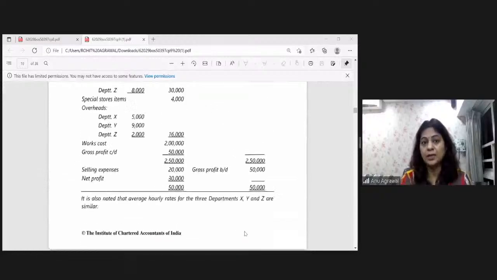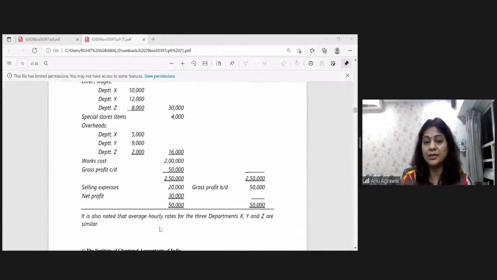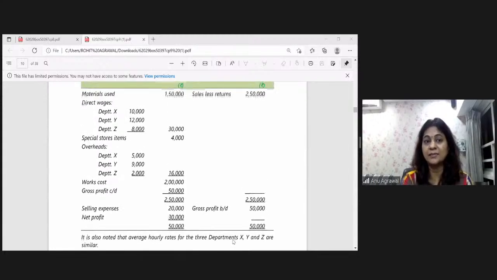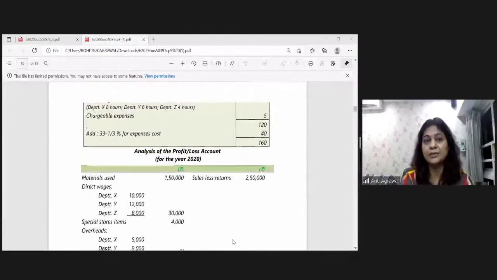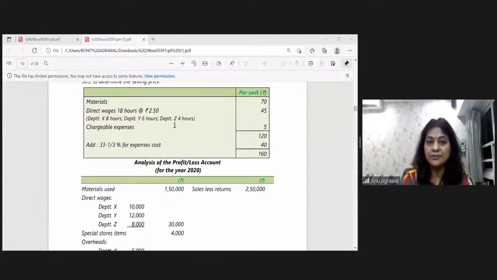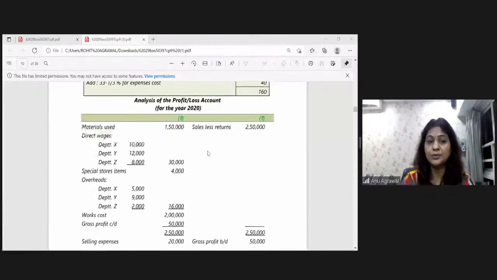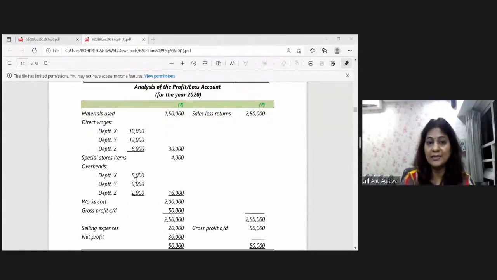Now, it is to be noted that the average hourly rate for the 3 departments X, Y, Z is similar. Please look here. They have just given us the direct wage rate and the chargeable expenses. What do I do for the overheads? Department X has got 5,000 overheads. How much is the direct wages?